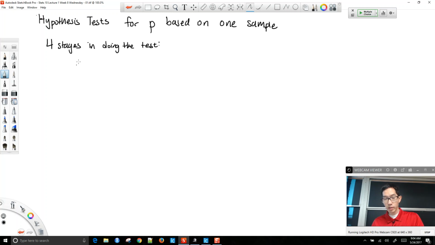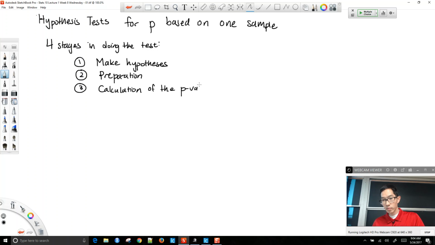We will say these are: make hypotheses, followed by a little bit of preparation, calculation of the p-value, and the last is make a conclusion based on the p-value.